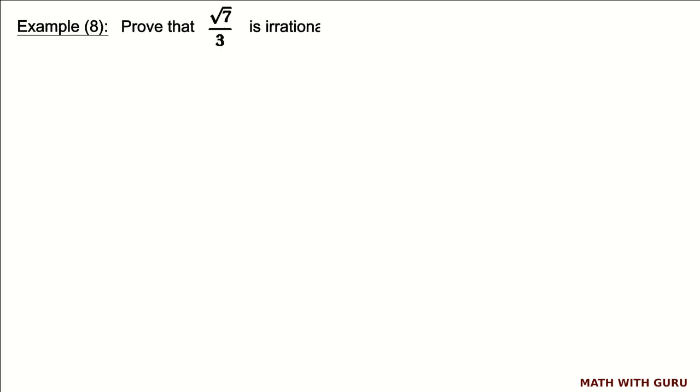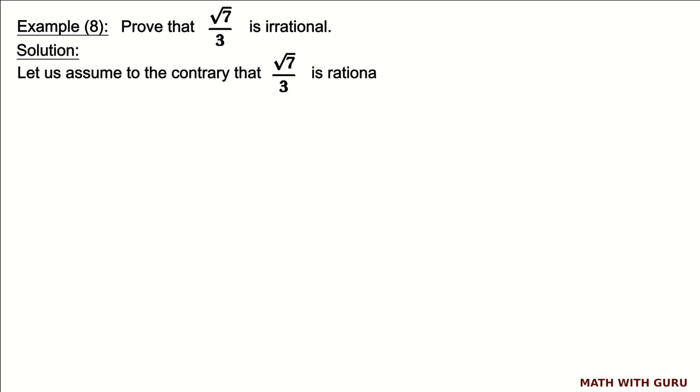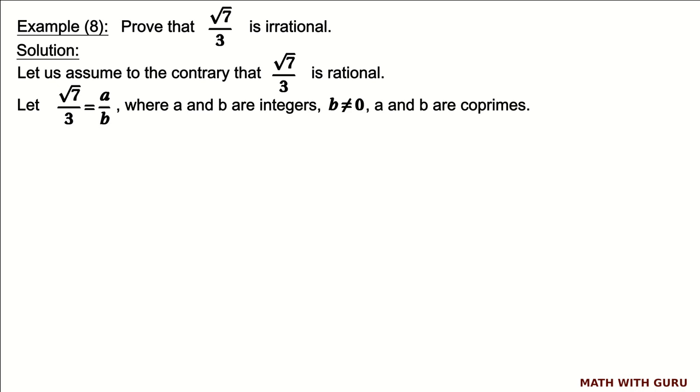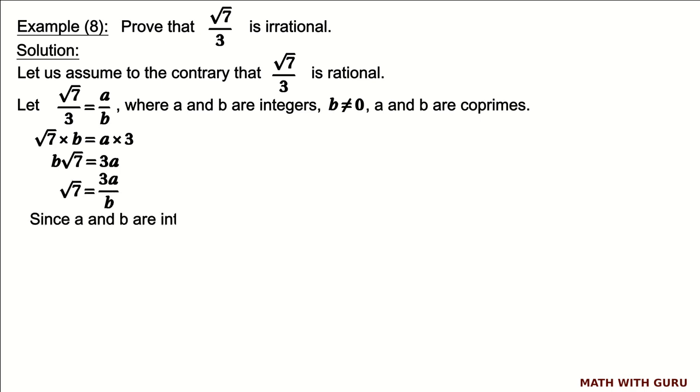Example 8. Prove that root 7 by 3 is irrational. Again, let us assume root 7 by 3 is rational. Let root 7 by 3 equals a over b. On cross multiplying, we get root 7 into b equals a into 3. b root 7 equals 3a. Root 7 equals 3a over b.